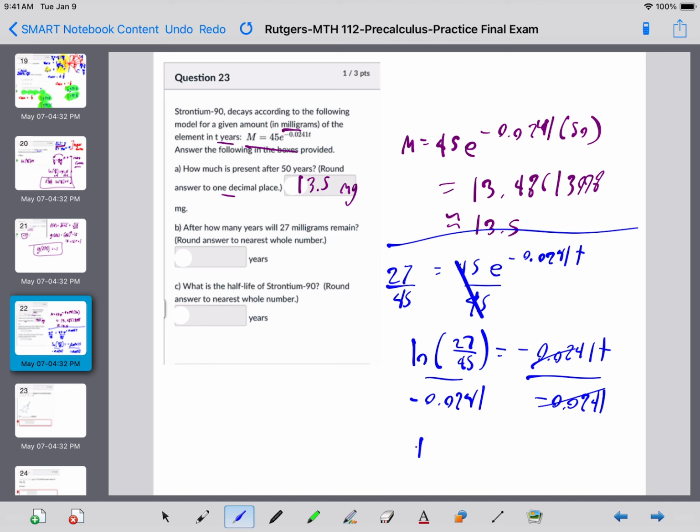You end up getting t equals 21.1960837, which is approximately, round your answer to the nearest whole number, so t is approximately 21 years.